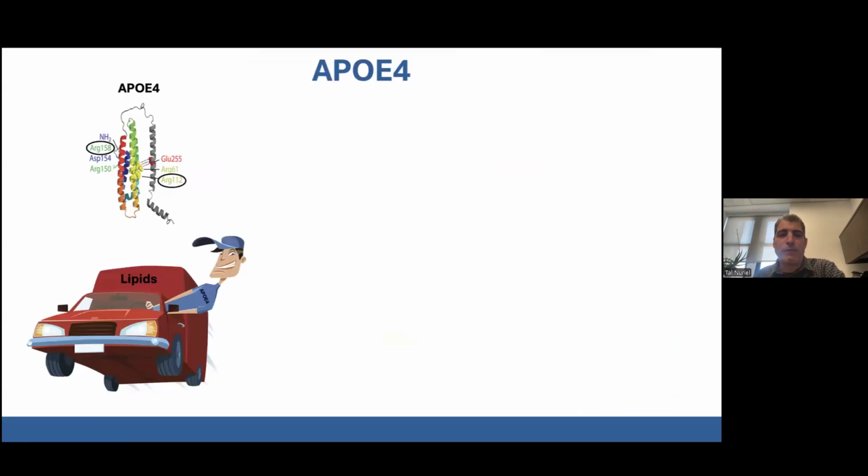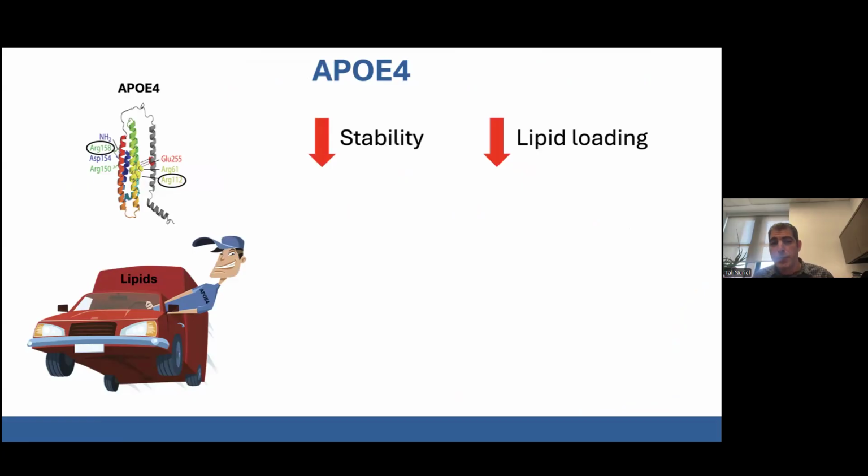So let's start with ApoE4. The two main things that happen with ApoE4 as opposed to ApoE3 are decreased stability and decreased lipid loading. So ApoE4 is more likely to get degraded by the proteasome, and it's also less likely to have a full load of lipids added onto the lipoprotein.